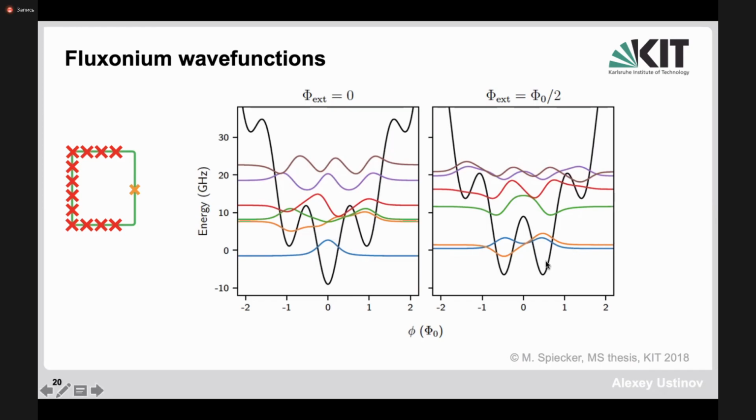And then if you go to the symmetric potential at half flux quantum, then very similar to the flux qubit, you have the symmetric profile, symmetric wave function, and the antisymmetric wave function here. And these are the two lowest energy states corresponding to the lowest energy and the first excited state in this potential.